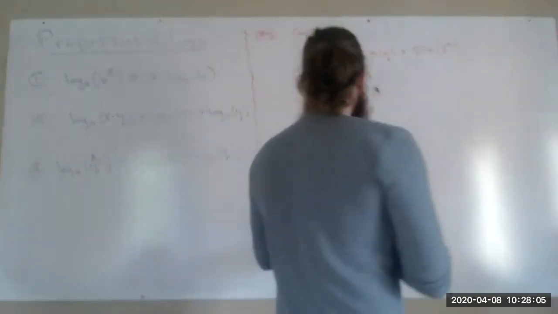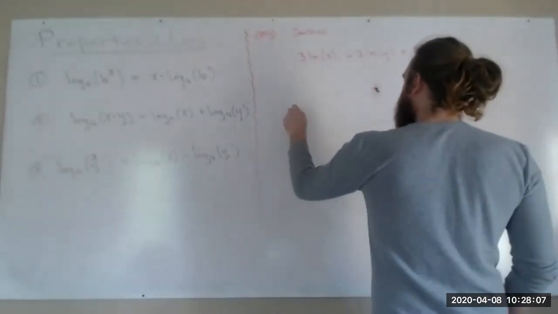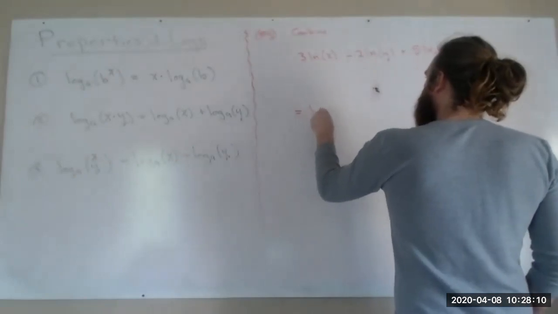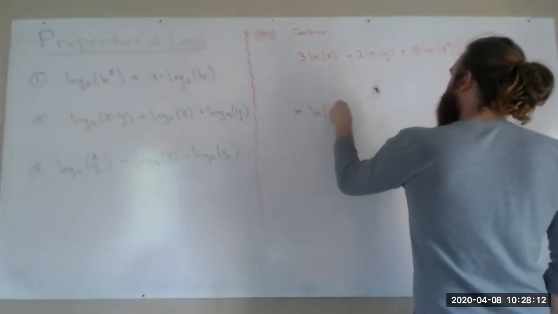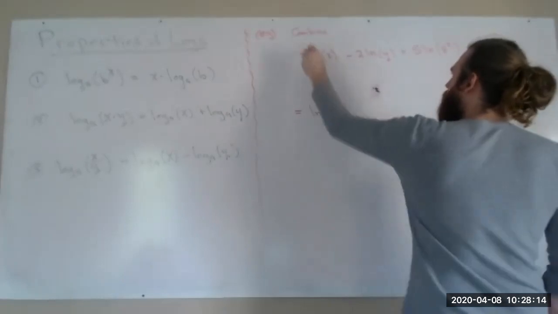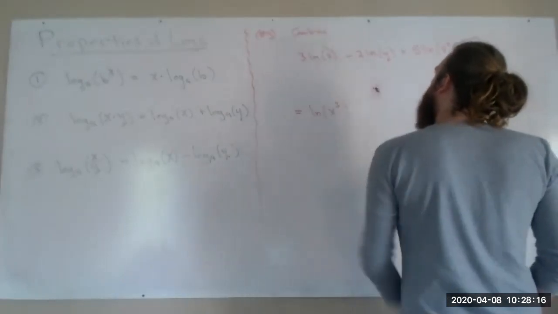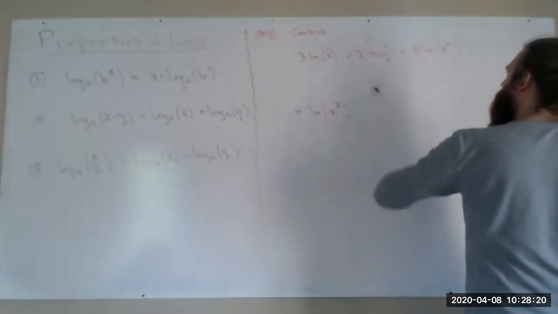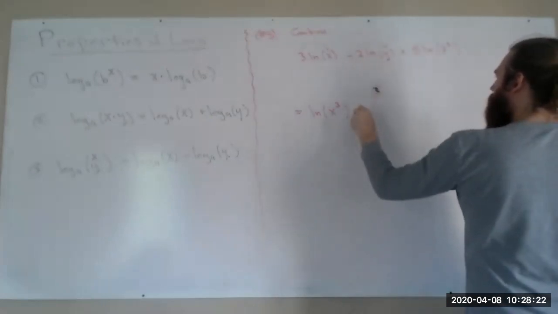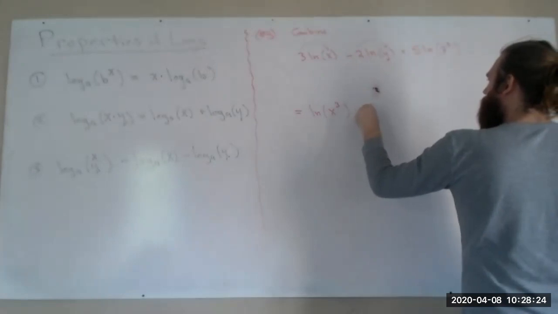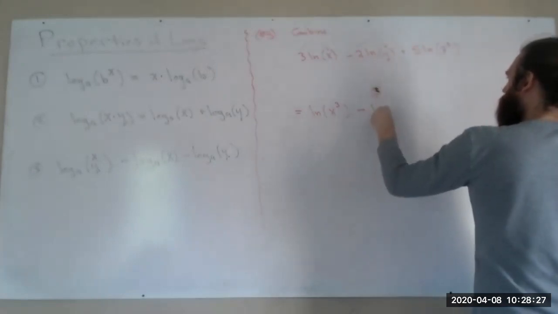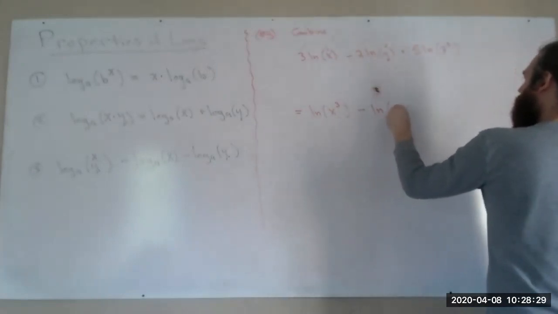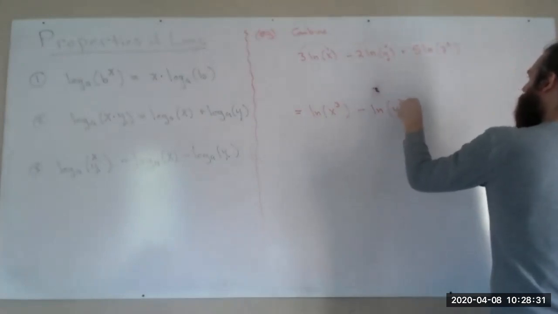So by property 1, 3 ln x is the same as ln of x cubed. This guy can come inside. 2 ln y is the same as, and the minus is going to stay out front, because I'm just bringing in the 2, same as ln y squared.